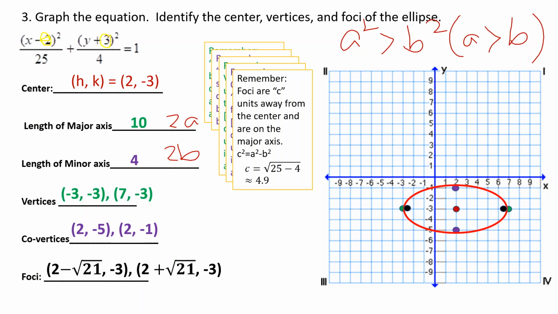And that's where I put the foci. You can use the square root of 21 as 4.9. So 2 plus 4.9 is 6.9, negative 3. 2 minus root 21, which is 2 minus 4.9, is negative 2.9, negative 3.